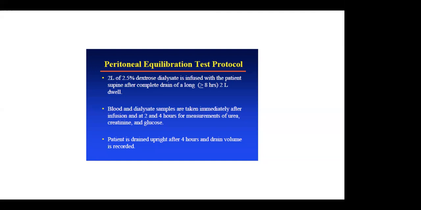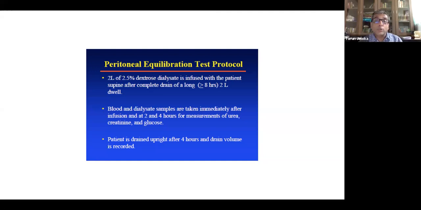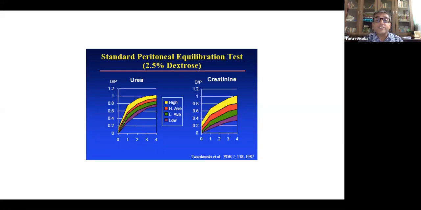As soon as the dialysate goes in, you draw a blood and dialysate sample at 0 hours, then at 2 hours, and you drain out the entire fluid at 4 hours and do blood and dialysate tests again. So there are three tests: at 0 hour, 2 hours, and 4 hours. Then you chart the urea and creatinine based on the hours, and D over P urea, creatinine, and glucose.